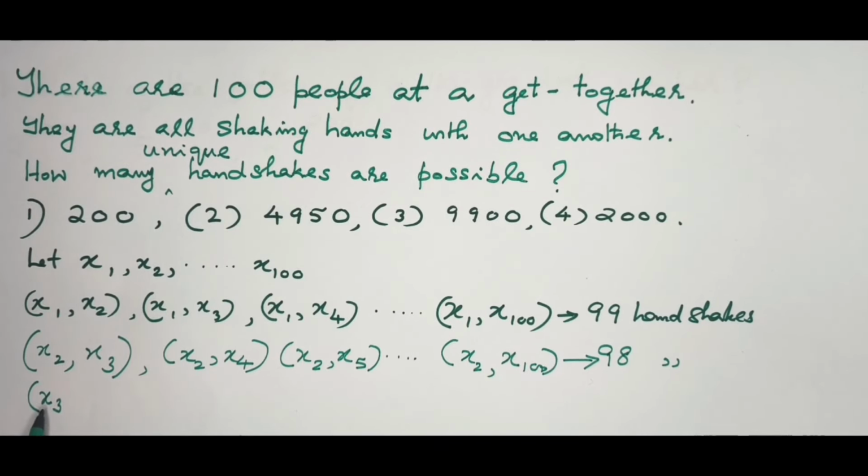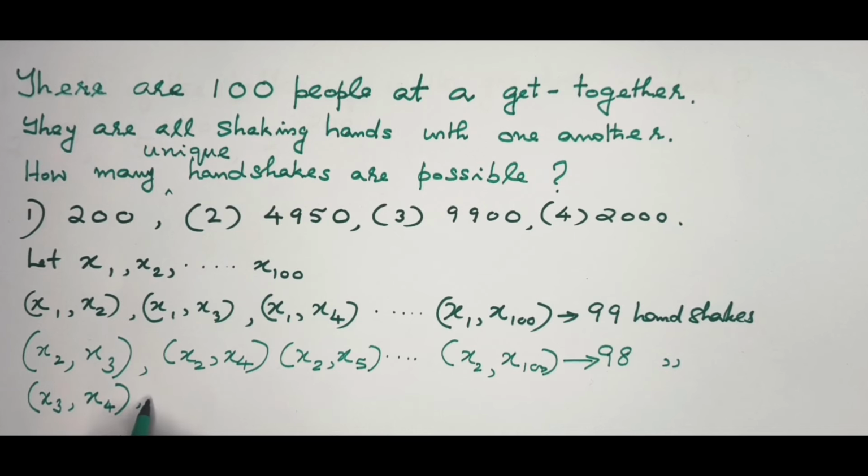Similarly, look at the handshakes made by the third person, which is x3. See, x3 is shaking hands with x1, which you've already considered. Again, x3 is shaking hands with x2, which also has been considered before. We are looking at the unique handshakes. So to avoid duplication, the first handshake made by x3 will be in this fashion, x4. Actually, this is the third one. The other two are already considered.